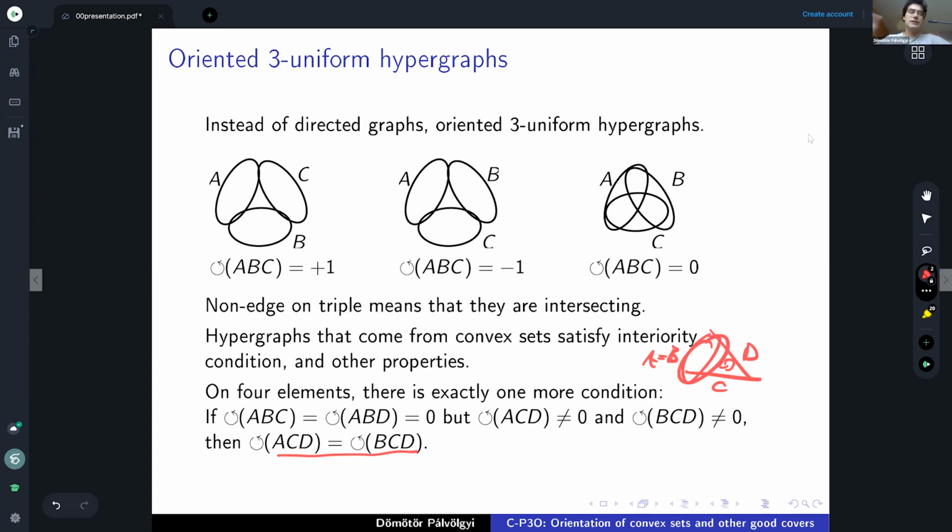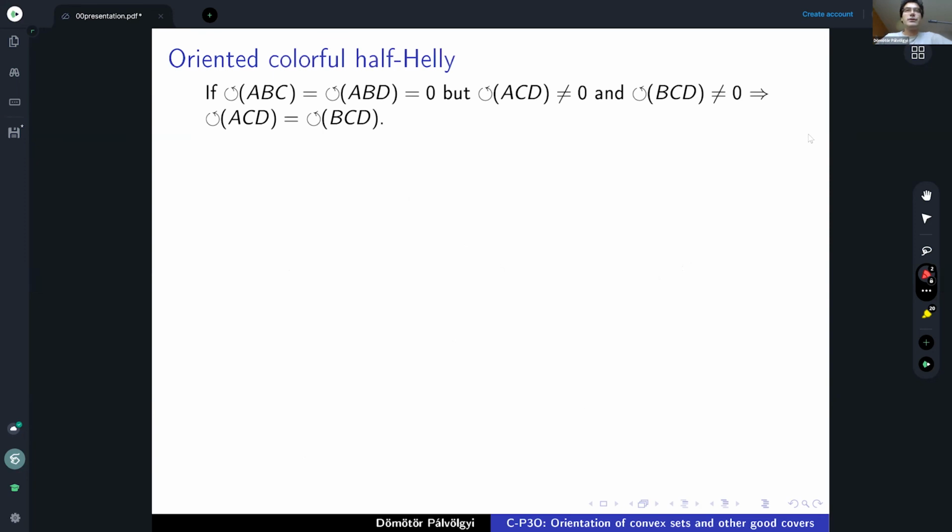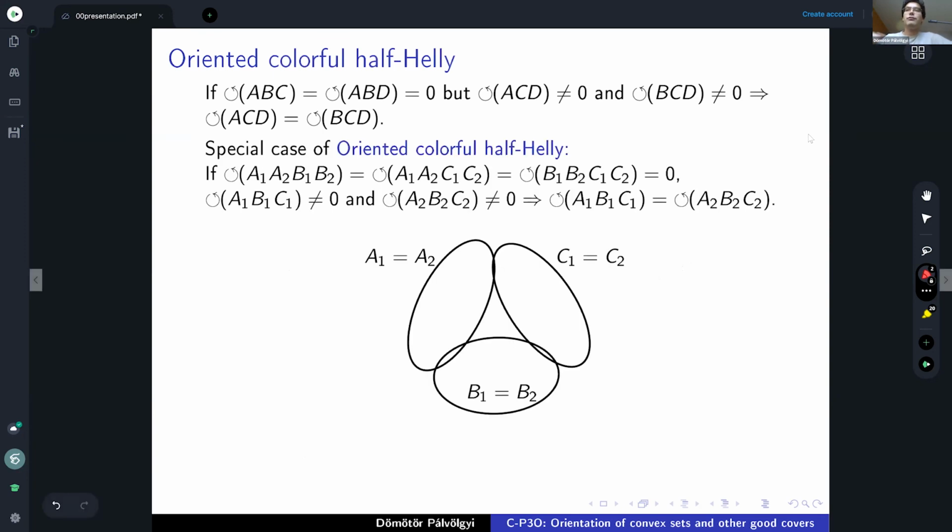So this is the only other condition that the hypergraph on the 4-tuples needs to satisfy. I could prove this, but I don't want to because there isn't so much time. This follows from a nicer, more general statement about convex sets and their orientations.